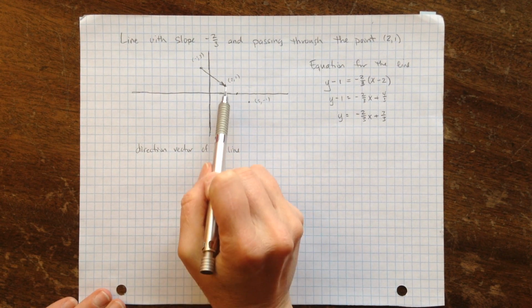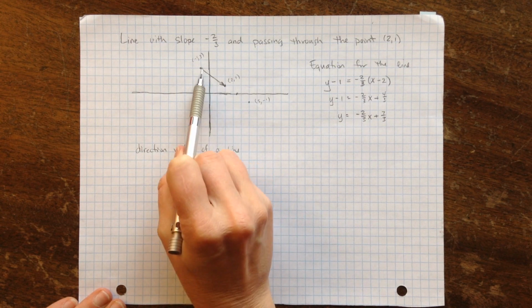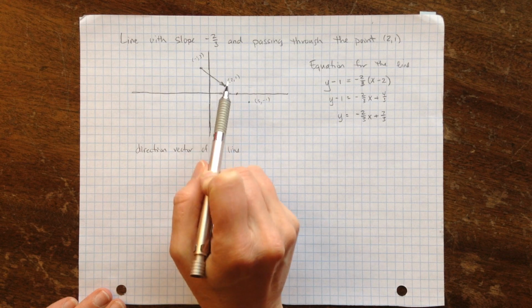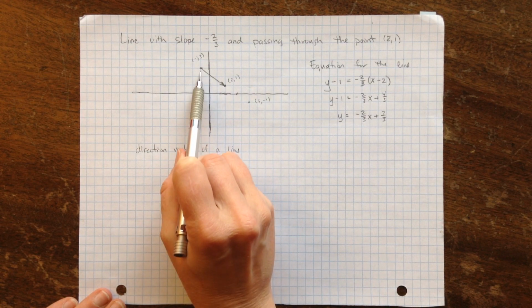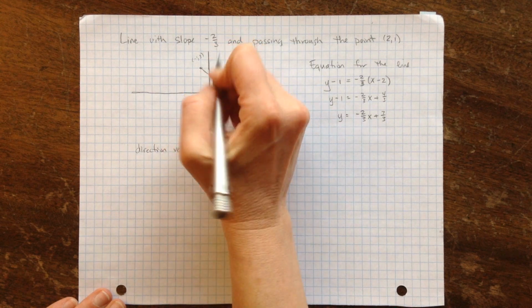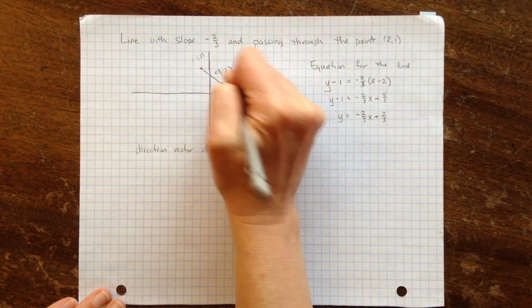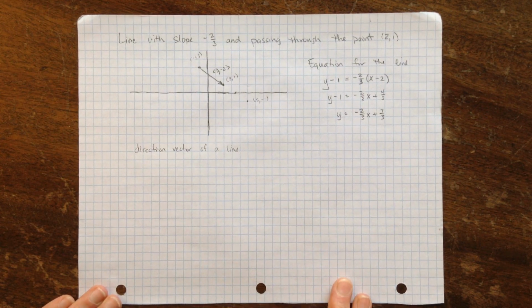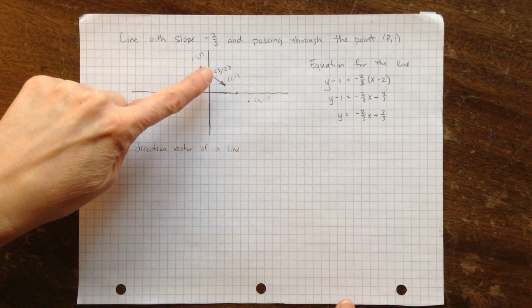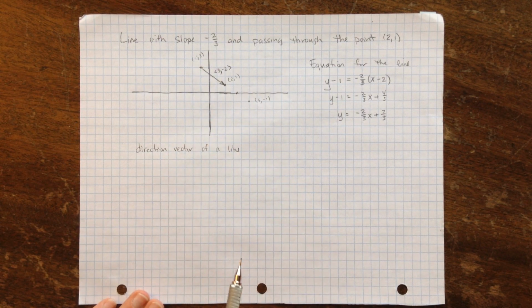So if I know that this point is on the line, and I know that this is a direction vector, what's this vector? This vector is the change in x here would be 3, and the change in y would be -2. So clearly there's an intimate relationship between this direction vector, (3, -2), and this slope, -2/3.